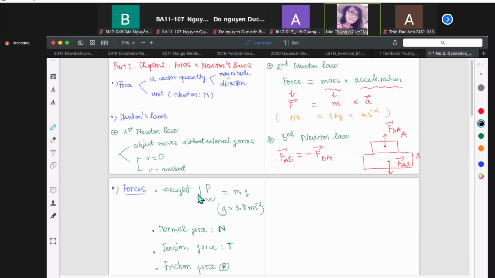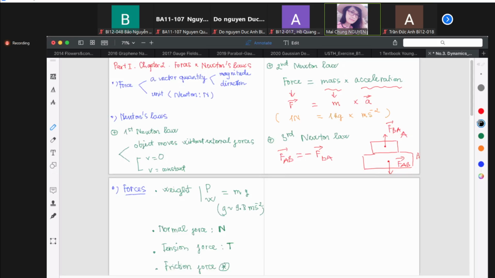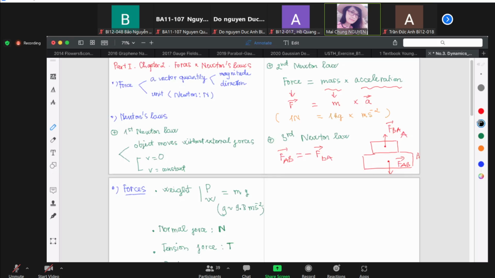Now let's think about the way you need to consider when you do exercises in chapter 2, part 1. Let's think about the normal, general way you need to do exercises in part 1, chapter 2.